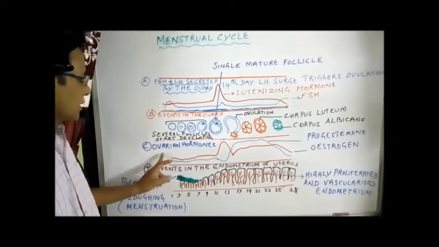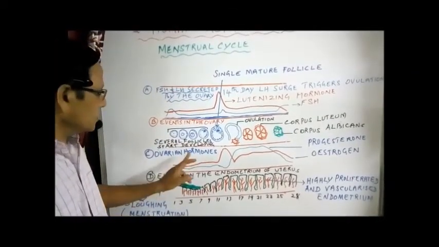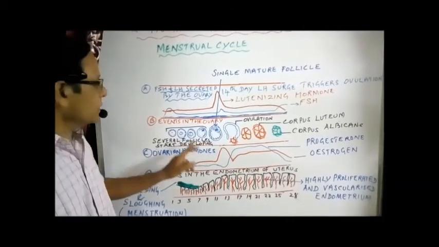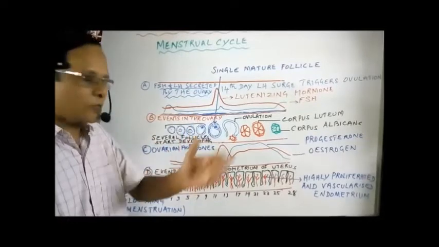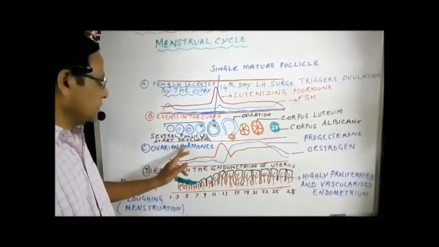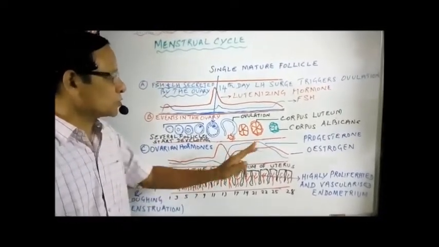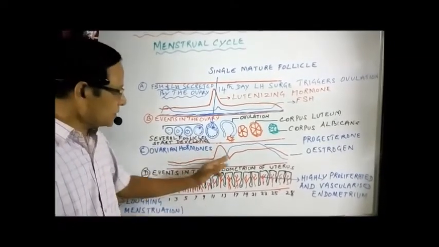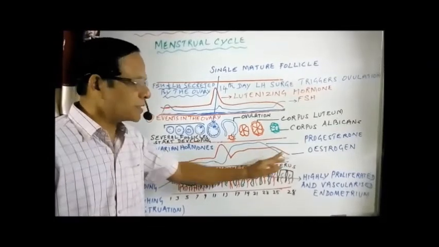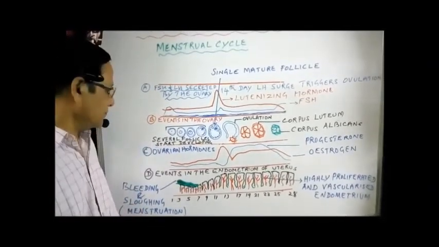In the third block I represent the various hormones produced by the ovary. The anterior pituitary hormones and ovarian hormones play a major role. First, the estrogen hormone: its level is increasing, then remains steady, and declines at the next menstrual cycle.